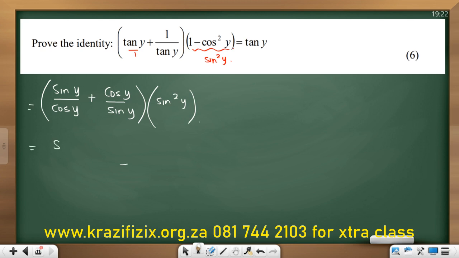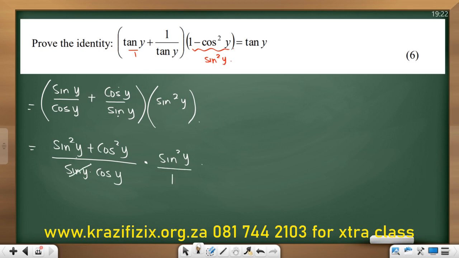Okay. If we then continue, we have sine squared y plus cos squared y. Remember, this times this, sine squared, that times that, cos squared, okay? And that is over sine y cos y, everything multiplied by sine squared y. All right, this is over 1.